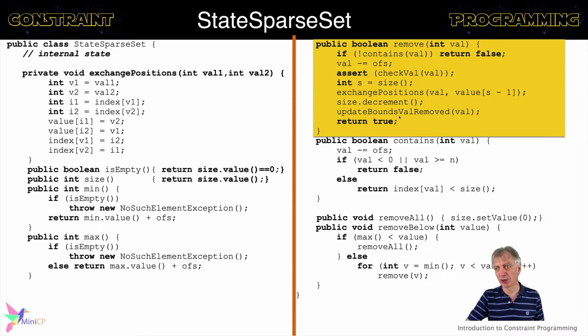And then this method here is actually updating the min and the max. I won't show you the details of this, but this is what it does. Exchanging position is easy. That's the kind of thing that I've shown you before. You store the value, you store the indices, and then you swap them. So that's what we need to do for removing a particular value from the sparse set.